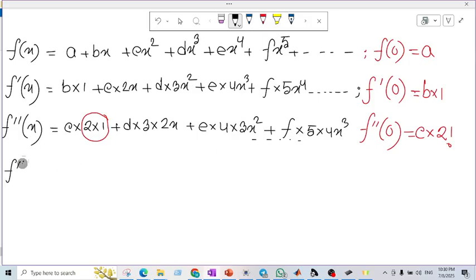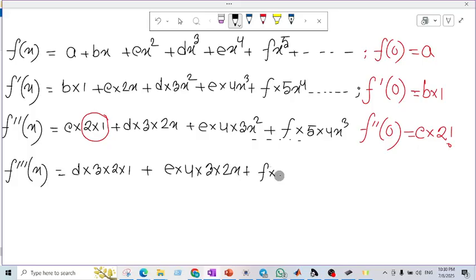So I have written here 2 factorial, and you will understand a pattern if I write this as 2 factorial. Then if I differentiate it again, first term will be equal to 0 as it's constant, second term will be d into 3 into 2 into 1. See, this is 3 factorial. Okay, now 4 into 3 into 2x, then 5 into 4 into 3x square.